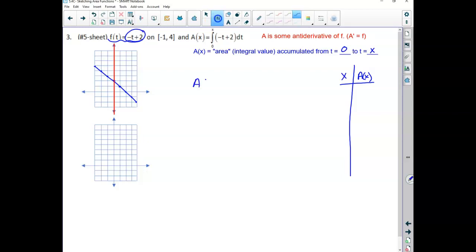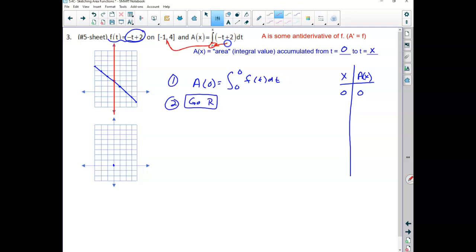So I know A of 0 is the integral from 0 to 0 of f of t dt, which means when I put a 0 in, I get a 0 out. After I find my starting point, remember this is a really important value. That's always where I'm going to start. This value has to be within that interval, and it is. And then from there, I'm going to go right.